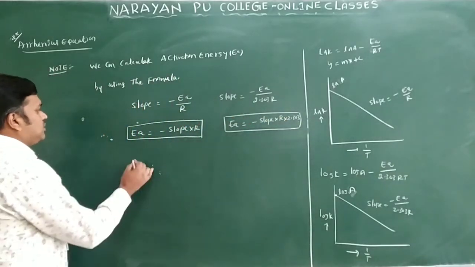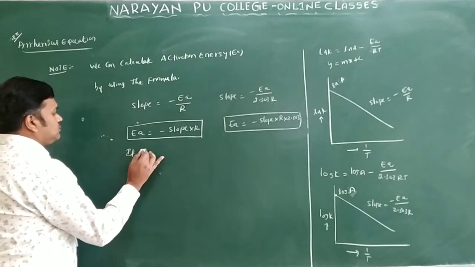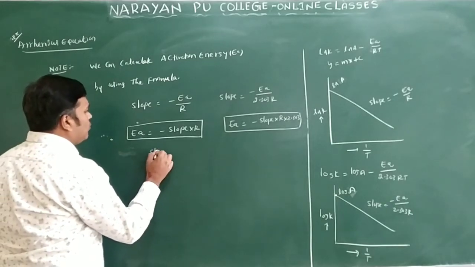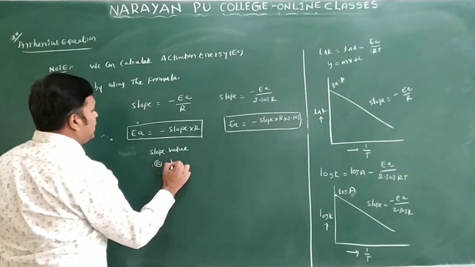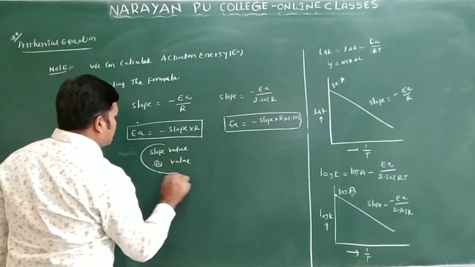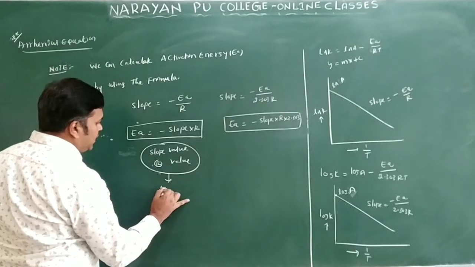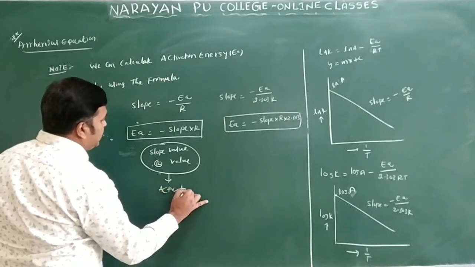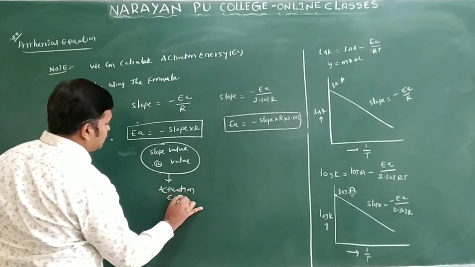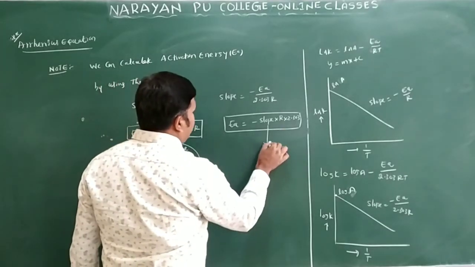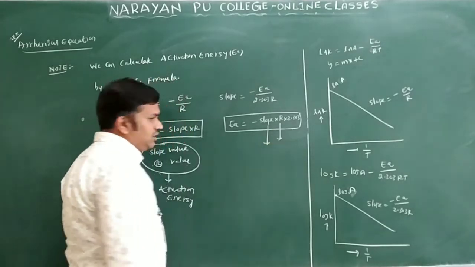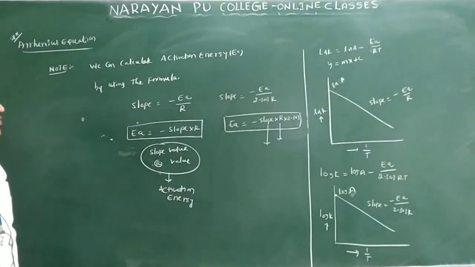If you know the slope value and the R value, from this we can find out the activation energy. So in this case also, if you know the slope value and the R value, you can find out the activation energy for the reaction.